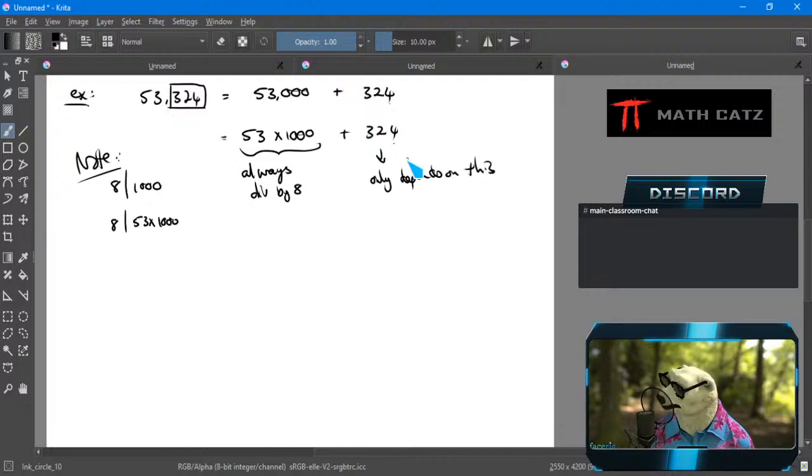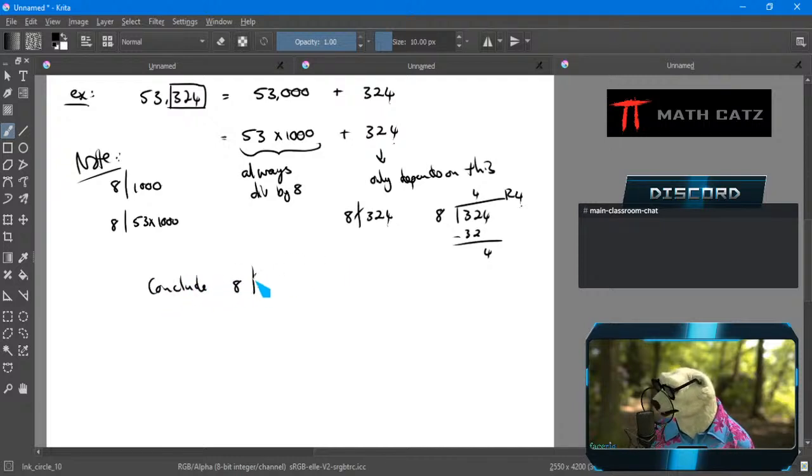It is a simpler number to look at compared to the original, and I can very easily do that. I don't even have to do a full division. 8 goes into 32 4 times. 4 times 8 is 32. Then I have 4 left, so there's going to be a remainder of 4. So 8 does not divide into 324, and I can conclude that 8 does not divide into my original number.